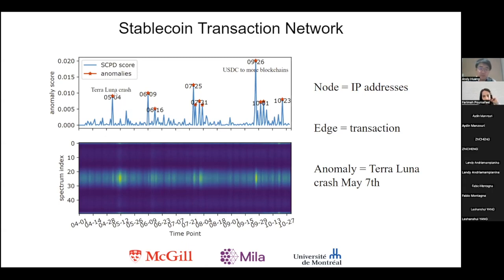the first largest peak on the 4th of May, which is 3 days before the Terra Luna crash. According to reports, this is when illegal activity started on the stablecoin network that would lead to the Terra Luna crash on May 7th.